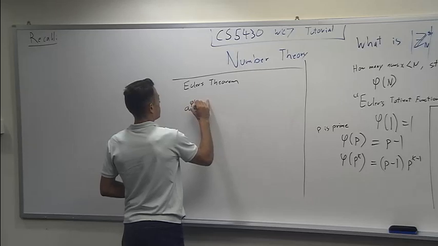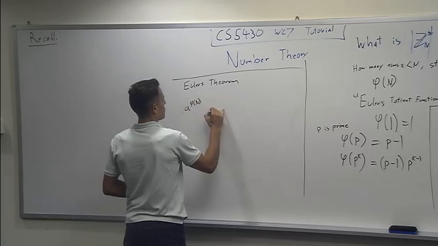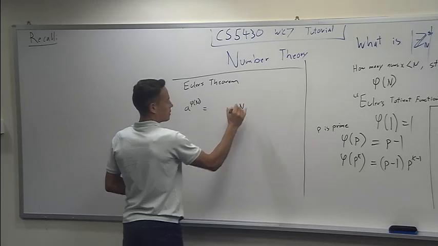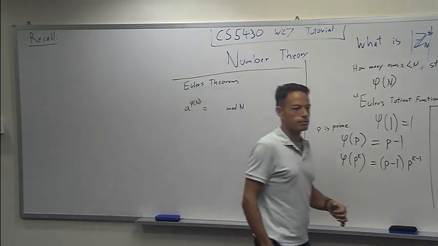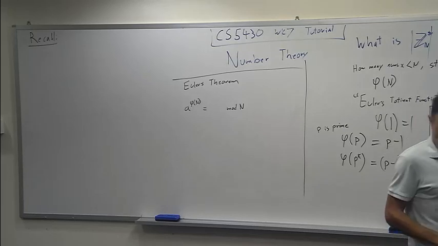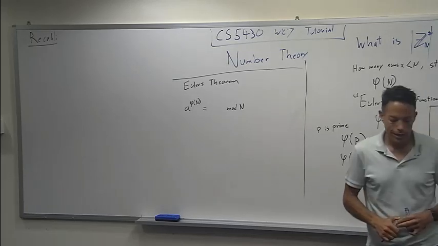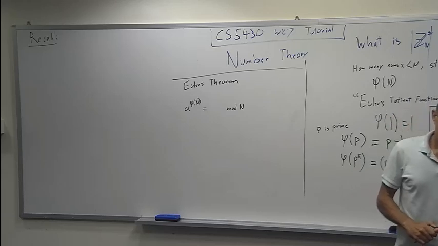What happens if I do this? So I take some value in Zn, and I raise it to the power phi of n.